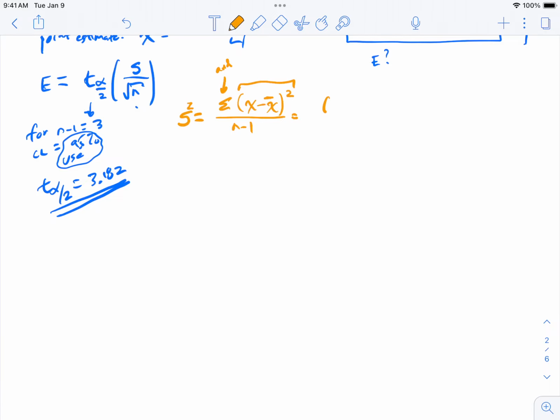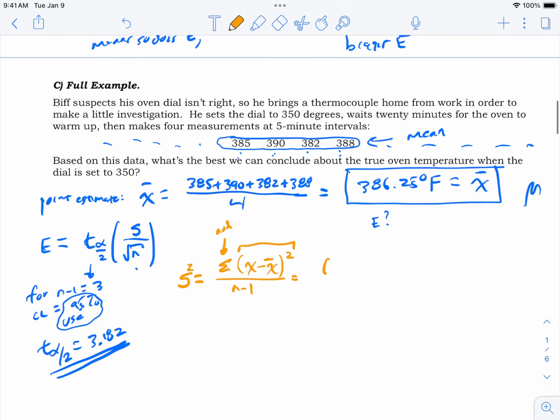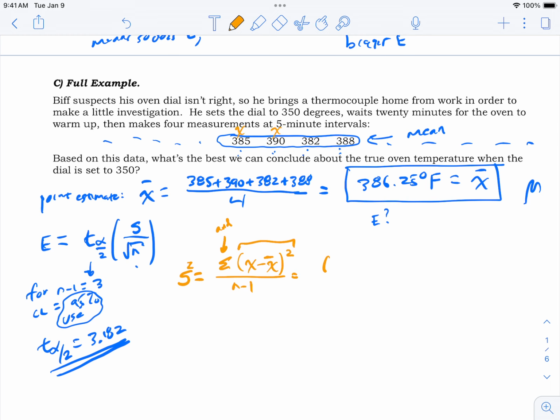So you take x. What's x? These are our x's. So we take the first x, 385, and we subtract the x bar, 386.25, close the parentheses and square it. So again, this says we're going to add it up. We're going to visit every data point and do the same thing.